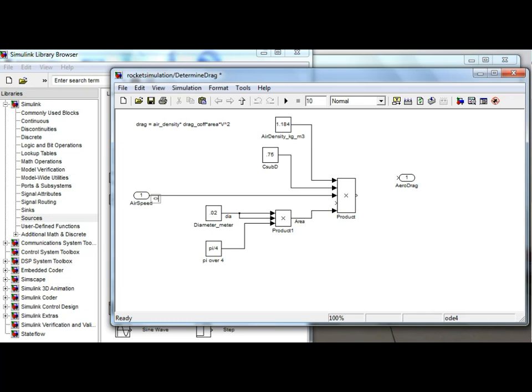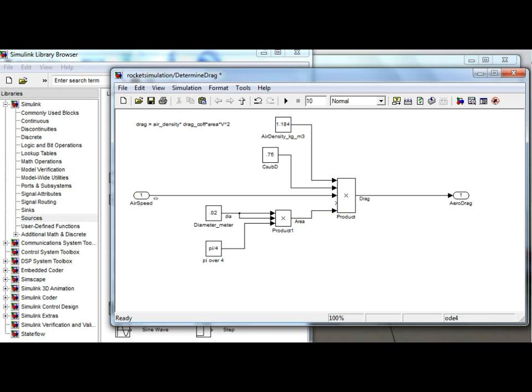Double click on the line over here, and the name pops up over there. That way it will inherit the name from further up. My product is drag. I'll just call that drag.